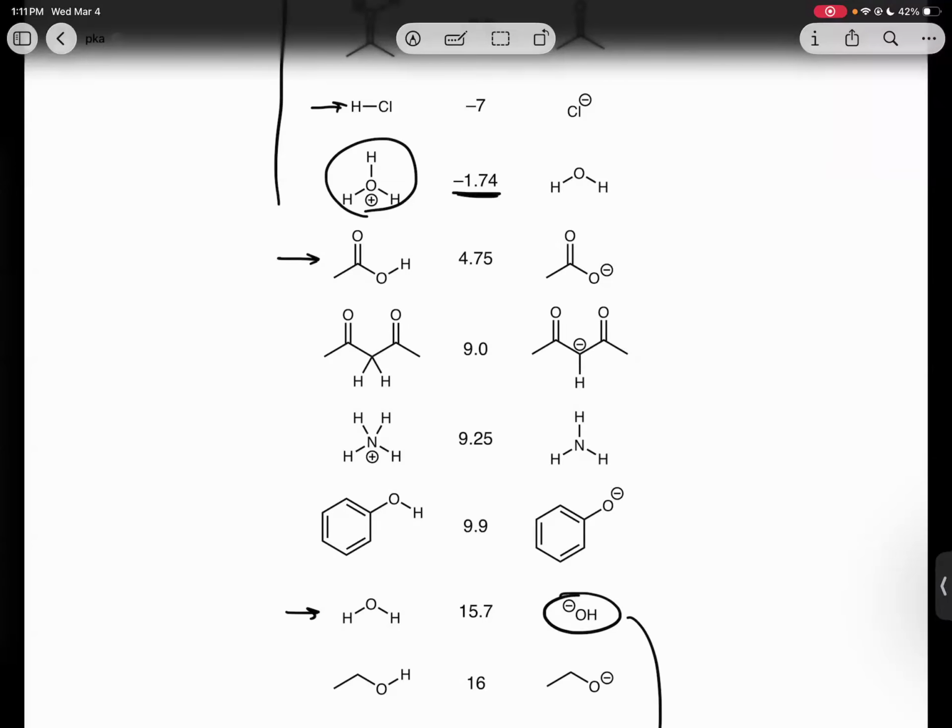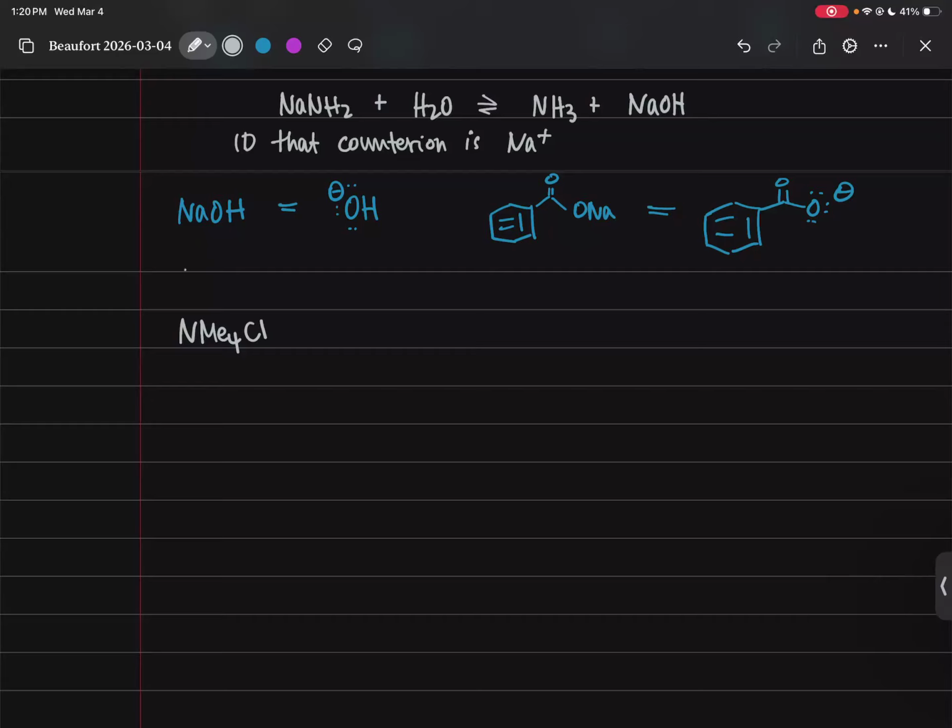We could also have something like NH4Cl. Actually, let me call it NMe4Cl to show which is the organic group. And so it's not a coincidence that I initially said NH4Cl.